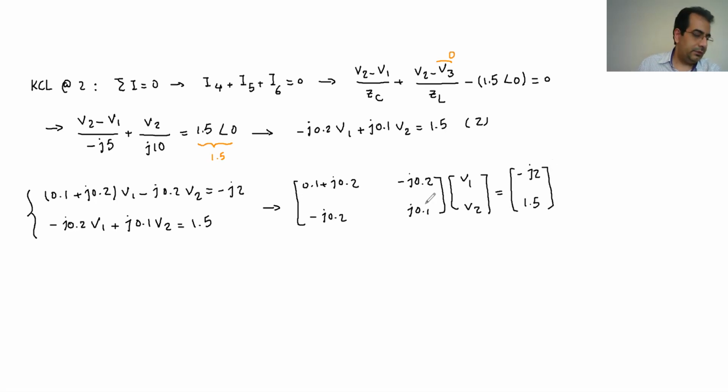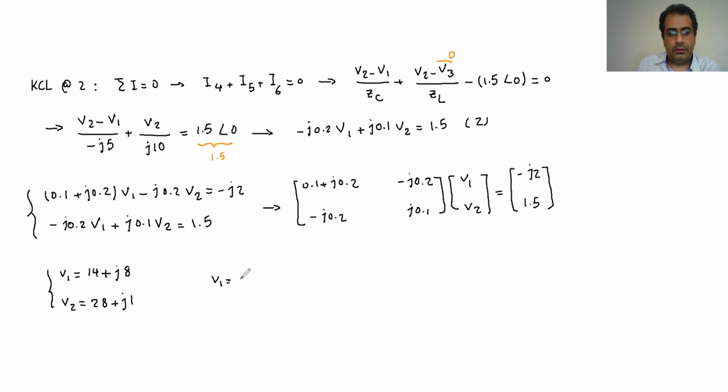If we solve the system of equations, we get V1 equal to 14 plus J8, and V2 becomes 28 plus J1.